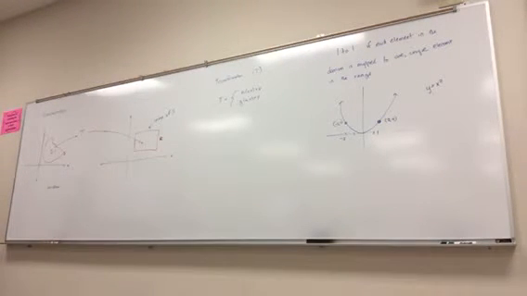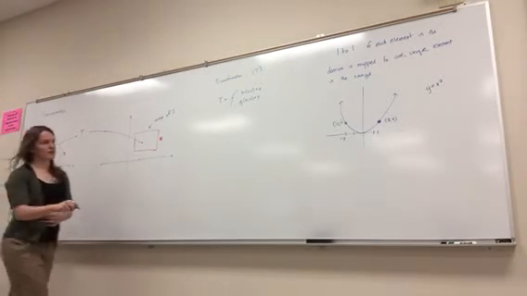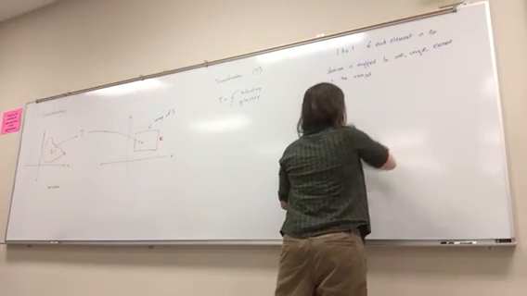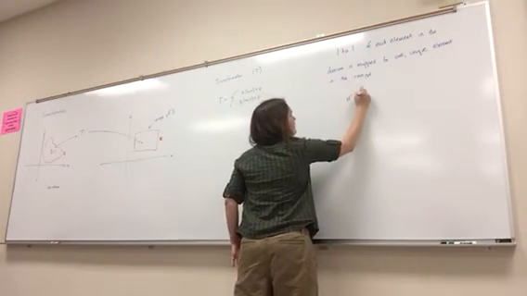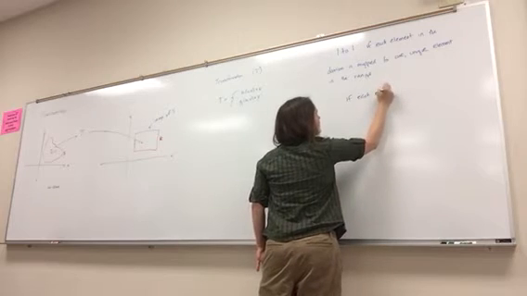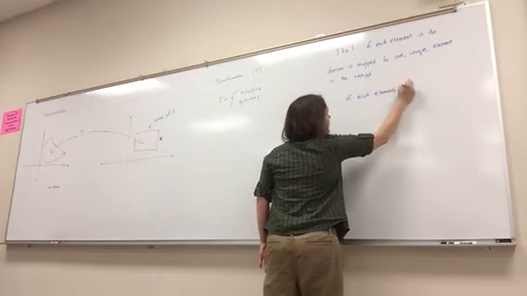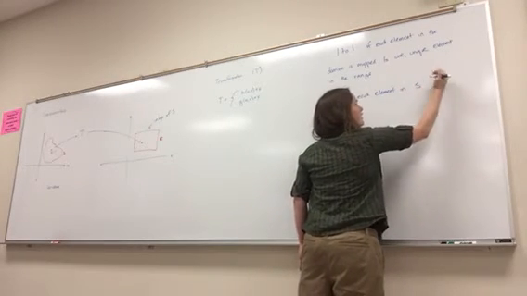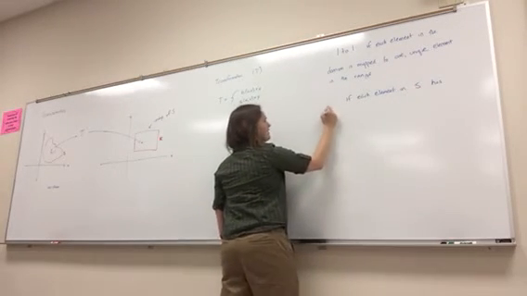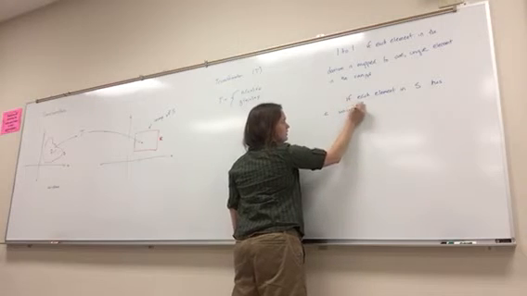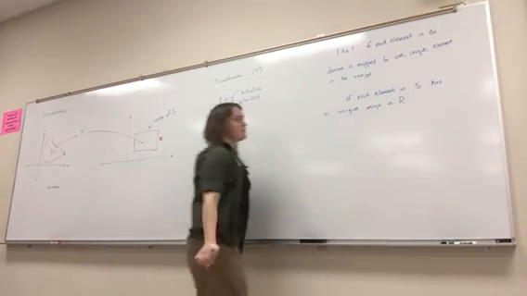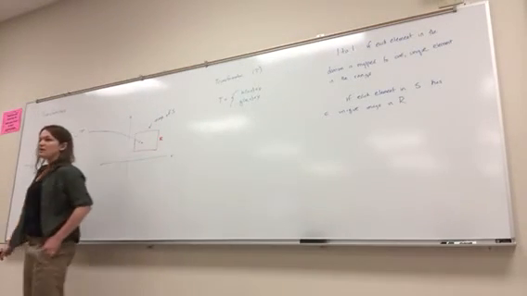R is the image of S. And so essentially what we can say here is if each element in S has a unique image in R, that is one-to-one.